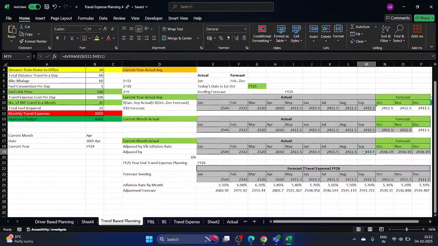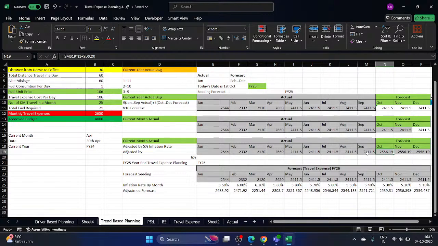We will select the September month figure, and then we have to multiply it by 1 plus the rate, that is the rate D20. So the formula would be September month of expense multiplied by 1 plus inflation rate.